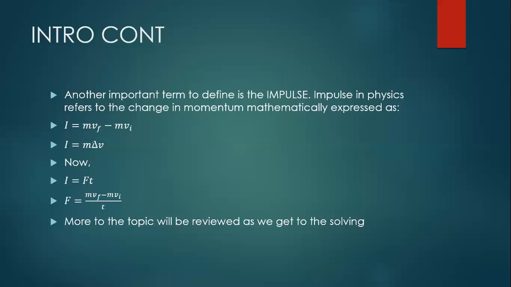So this is where a force comes in. Force can be calculated by looking at the change in momentum in a given time. Change in momentum over time gives us that force. Are you okay now? Yes.